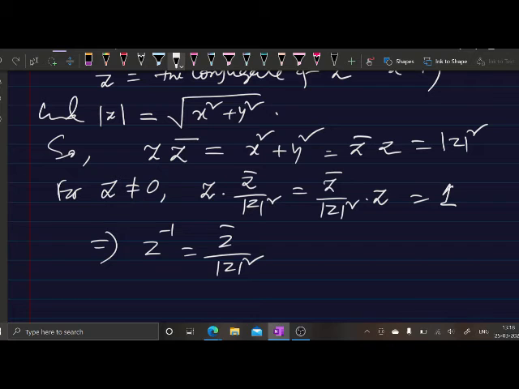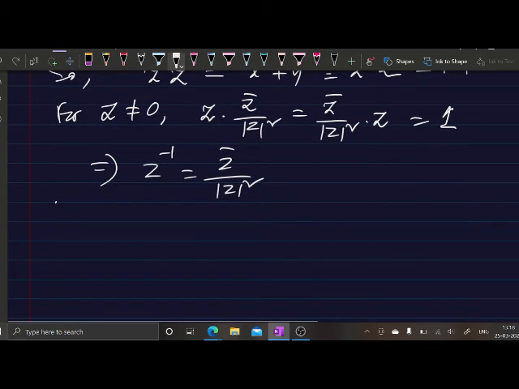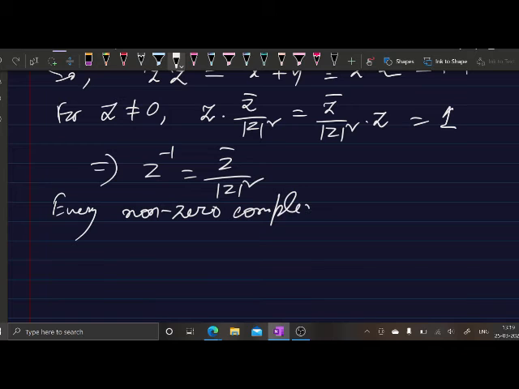Okay, so every non-zero complex number has a multiplicative inverse.